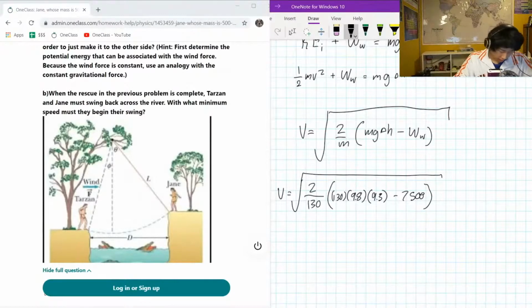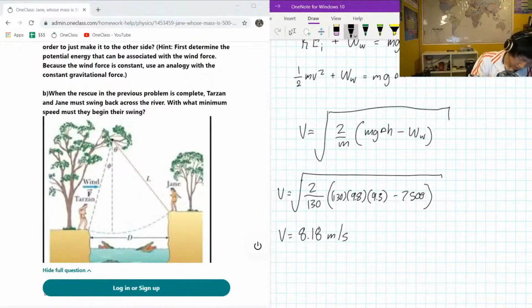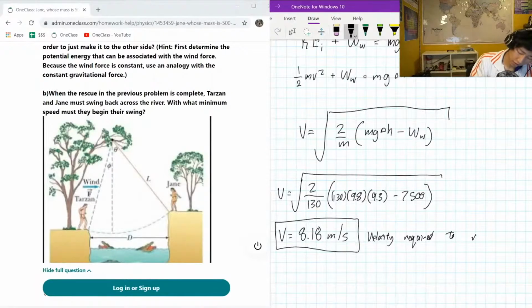Okay, so under the root we got 2 divided by 130, times, in brackets, 130 times 9.8 times 9.3 minus 7,500, close the bracket, and my result for this is 8.18 meters per second. Velocity required to return.